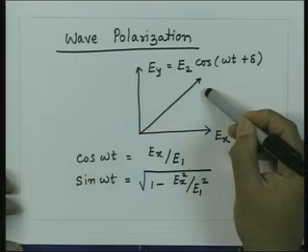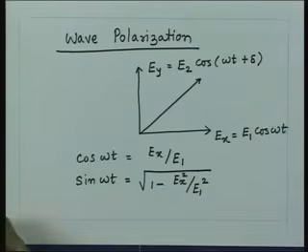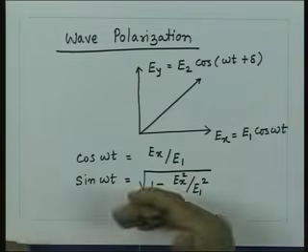So, when we meet next time, essentially by eliminating the time, we will get the equation, and then we will see what are the different states of polarization which a transverse electromagnetic wave can generate, and what are its implications for transmitting the signals efficiently from one point to another point.